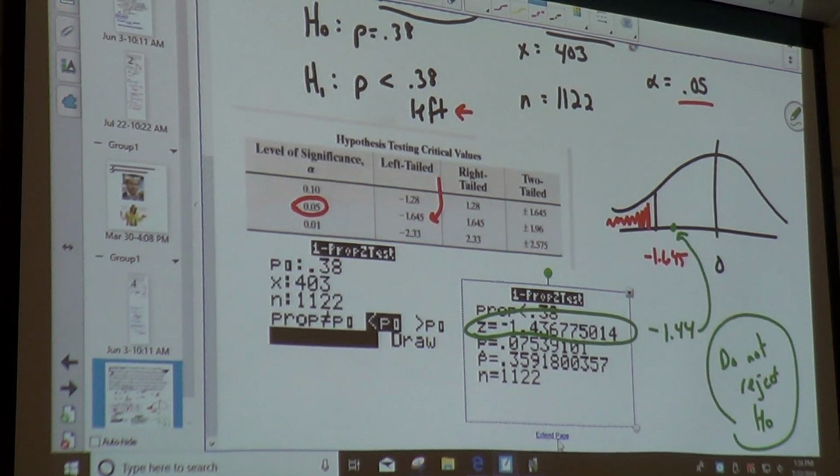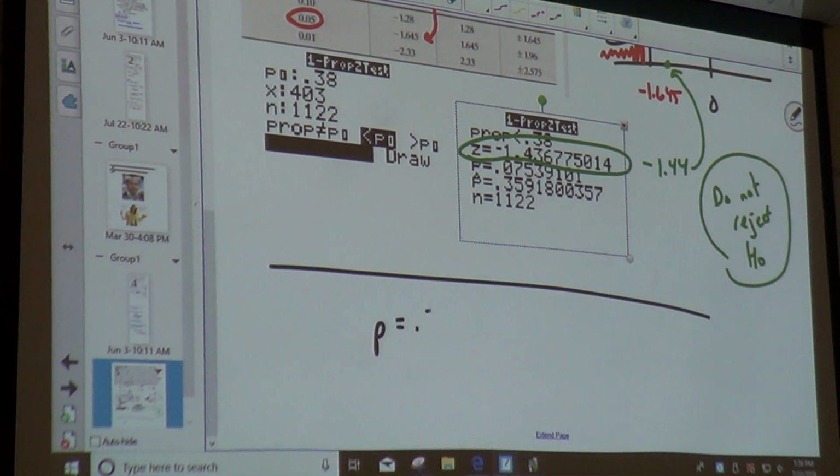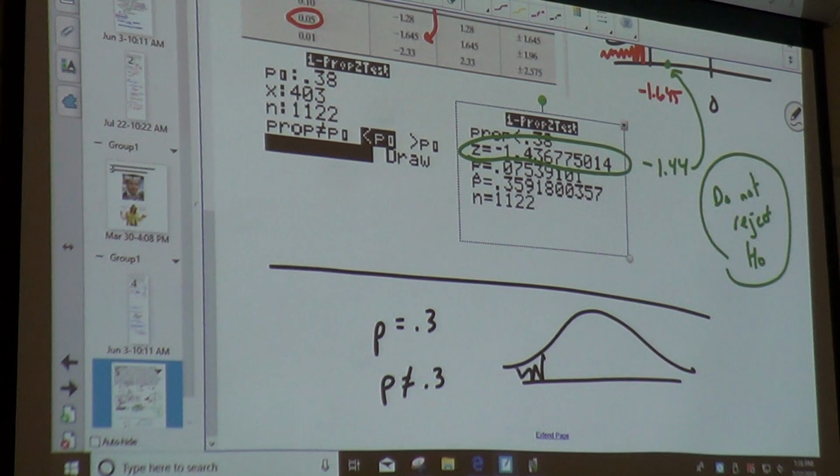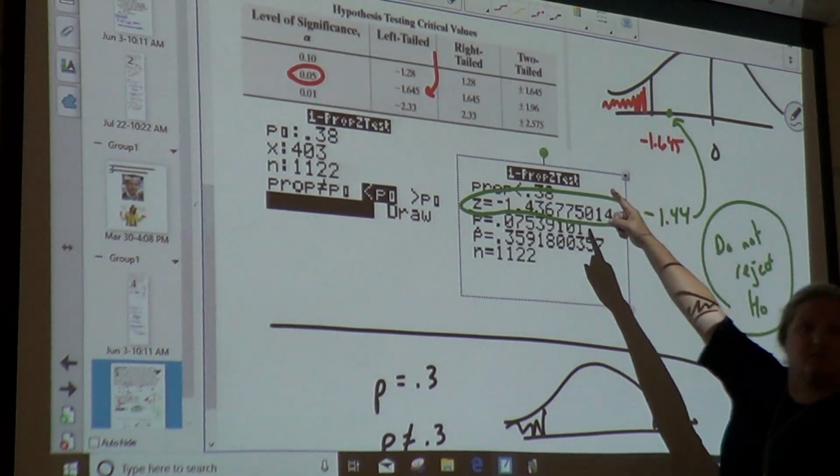Now, FYI, if this was a two-tailed problem, so if you had, for example, P equals 0.3 and P does not equal 0.3, you're going to go as a two-tail. And on your little chart, see how your two tails do plus or minus?